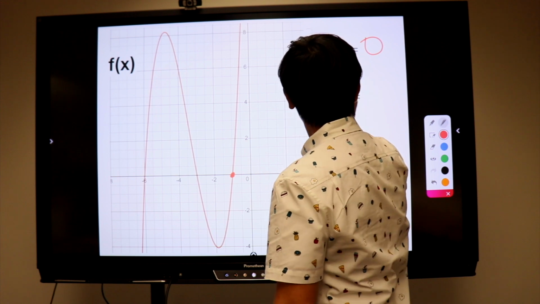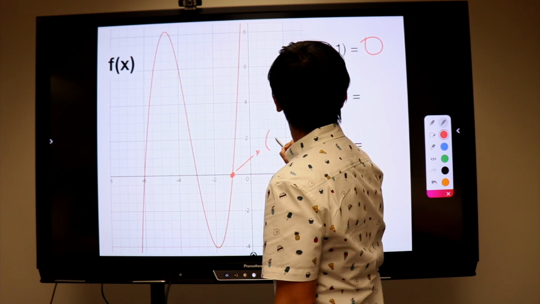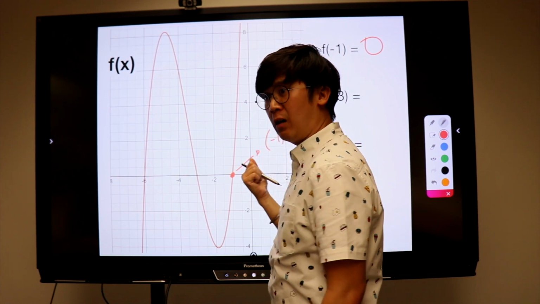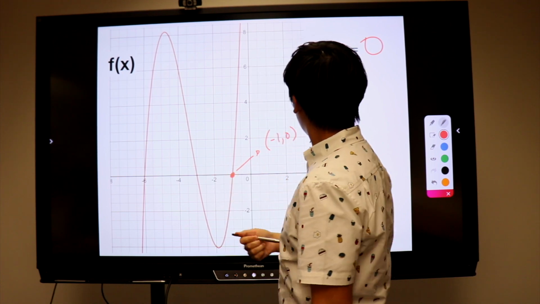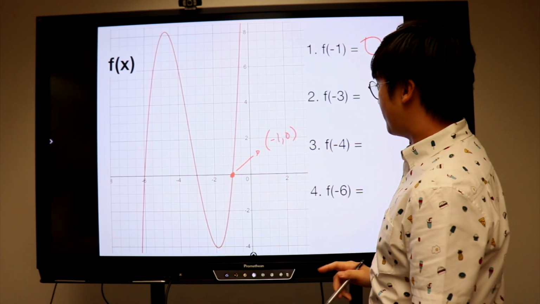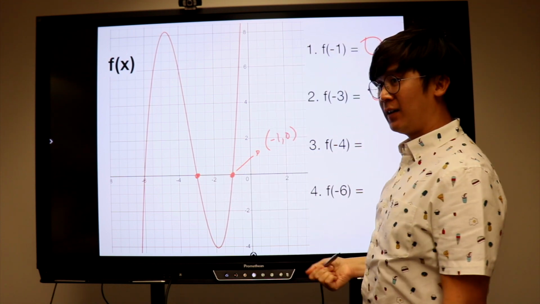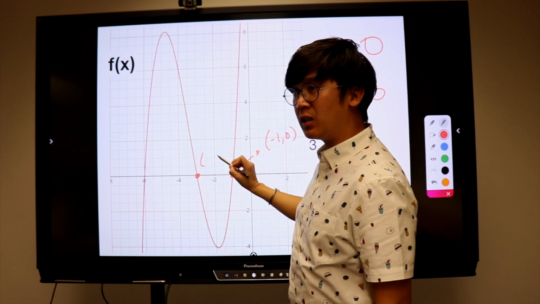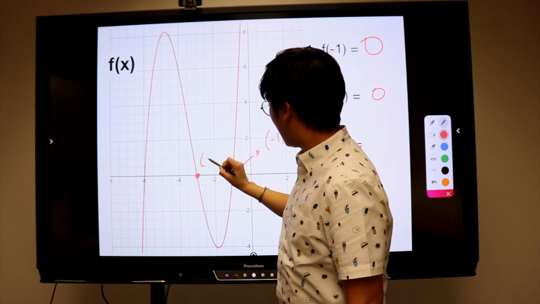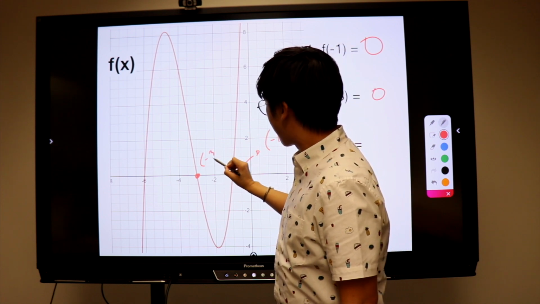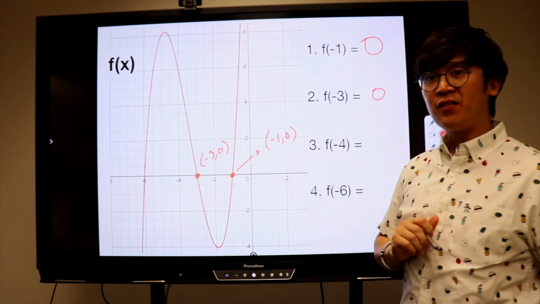So this one is going to be negative 1, 0. Right? So what is f of negative 3? 0. It's also 0. So if I convert it into an ordered pair, how am I going to write it? Negative 3, 0. Yes. What about f of negative 4?